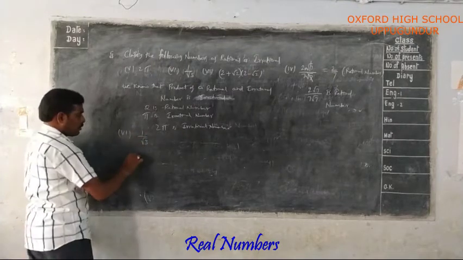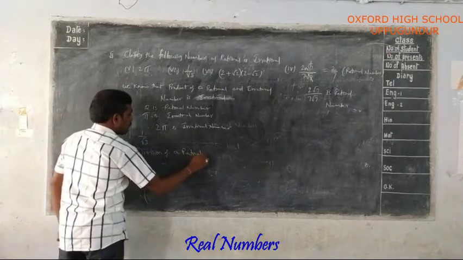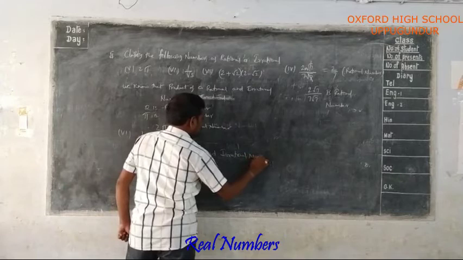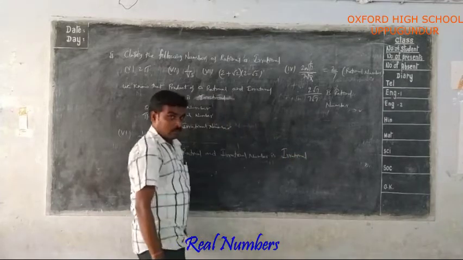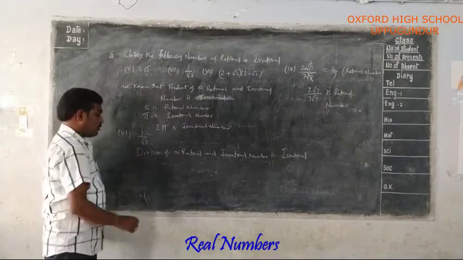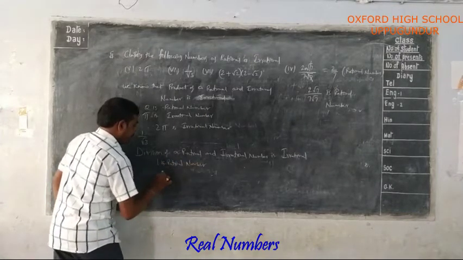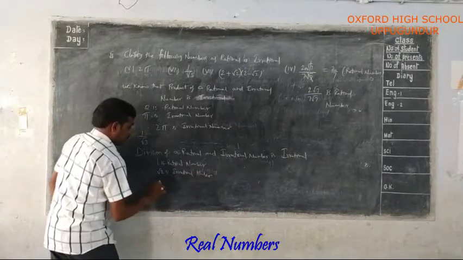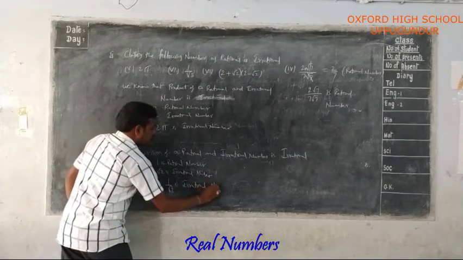Next, similarly, 1 by root 3 means we know that 1 is a rational number, root 3 is an irrational number. Division of a rational and irrational number is irrational. Therefore 1 by root 3 is an irrational number.